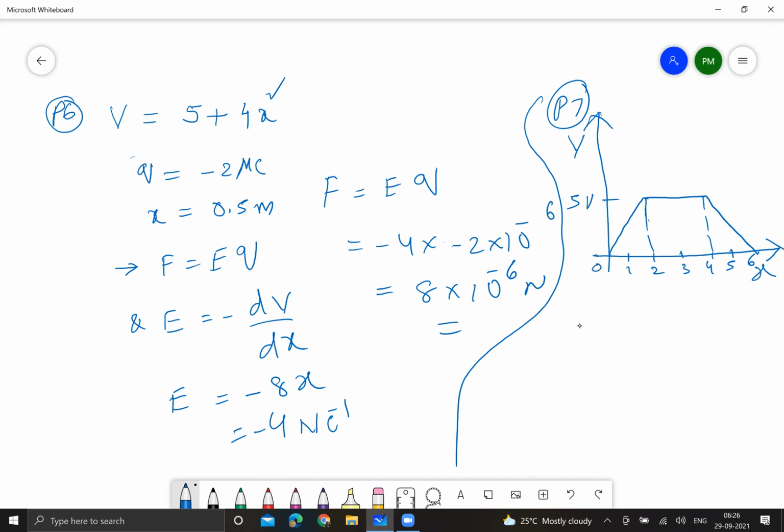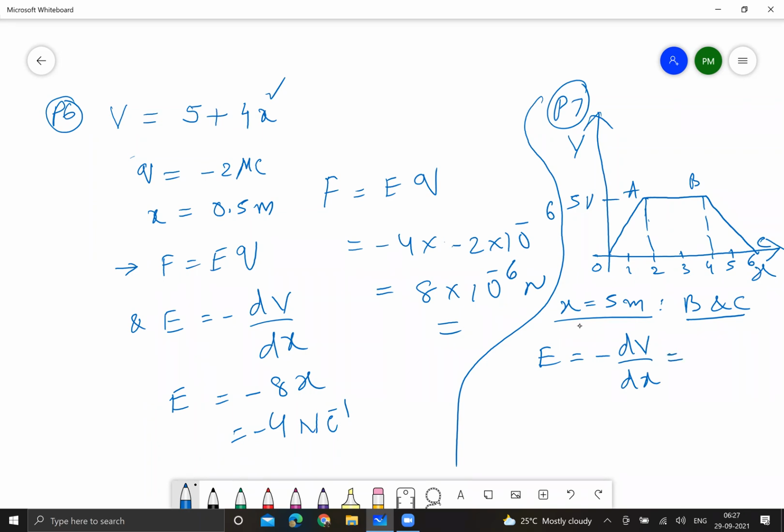So if you see this graph, it is OABC and x is equal to 5 meters is in between B and C. Therefore, E is equal to minus dV by dx.